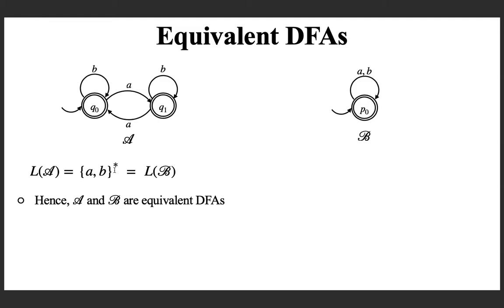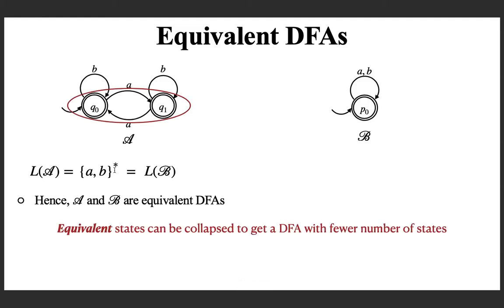And here we can observe that what we did is equivalent states are collapsed into a single state to obtain this DFA. If you want to see how one can obtain a minimal state DFA, then it's a kind of finding equivalent states and then merging or collapsing them into a single one.